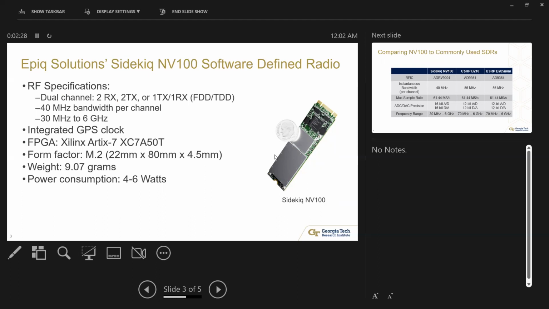It has its own GPS disciplined oscillator. The most notable part on this slide is its form factor. It's an M.2 form factor, 22 by 80 millimeters, for those who aren't familiar with that. It weighs only 9 grams and consumes about 5 watts of power on average, which is perfect for a battery that you might be able to support on a UAV or drone as well.